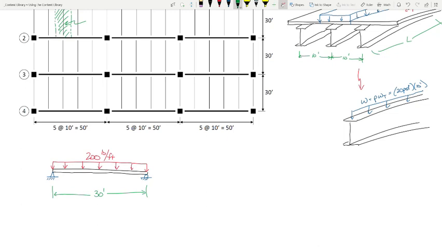And that I can handle, right? Because I derived equations to handle any beam that looks like that.